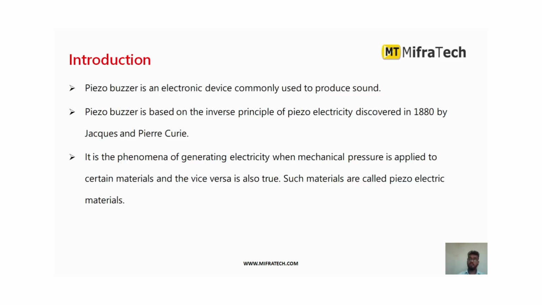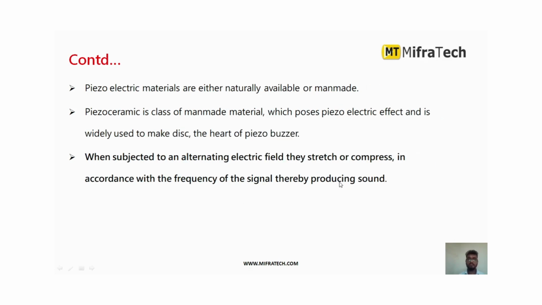Here we are providing the power supply, and based on the applied voltage, the material is mechanically stressed and produces sound based on the provided supply. So whatever supply we apply to the buzzer is an alternating AC signal.